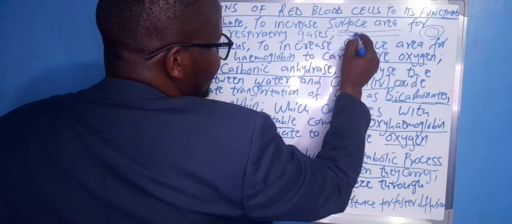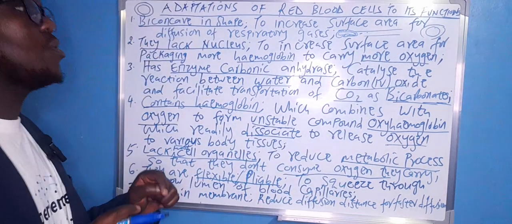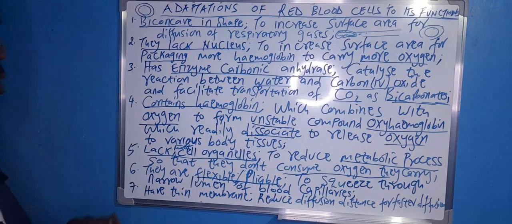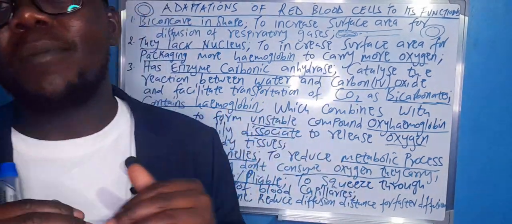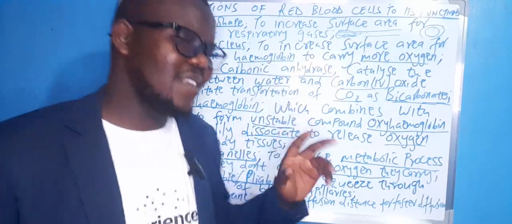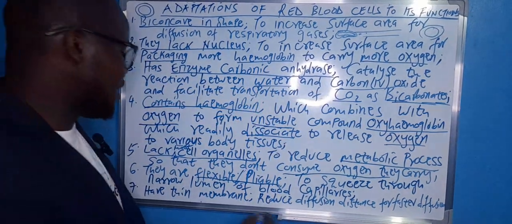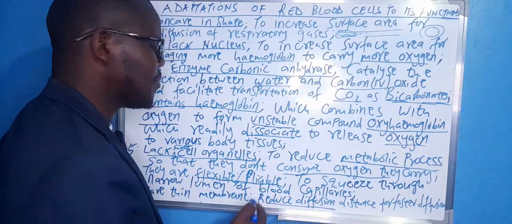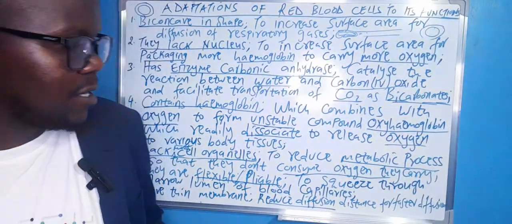They can change their form, and that is what I mean by being pliable. So they can squeeze through the narrow lumen of the blood capillaries. Then the last one, they have a thin membrane. Everywhere we speak about thinness, the thin membrane, that is the epithelial membrane, is to reduce the diffusion distance, and so there will be faster diffusion.